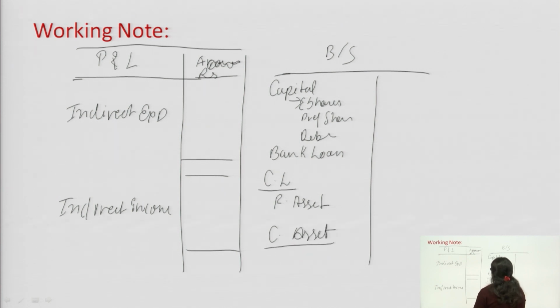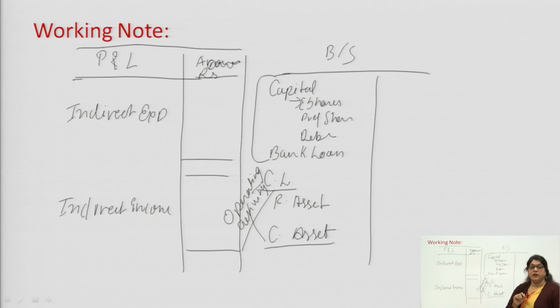See, current assets and current liabilities are always known as operating activities items. Why operating activities items? Because they help in the day to day operation. But once you are raising the money, it is known as your financing activity.